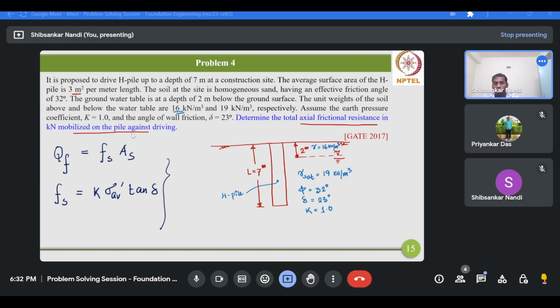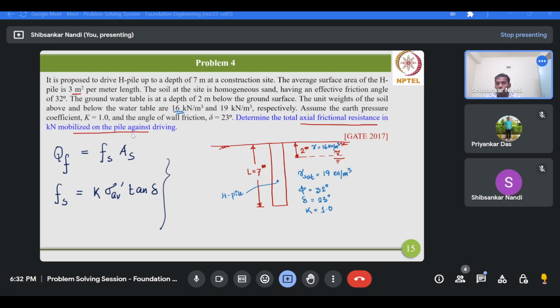Okay. So the only difference between the earlier problem and the present problem is that in the earlier problem, no water table is mentioned, at least within the length of the pile. However, in this problem, we have encountered the groundwater table at a depth of 2 meters from the ground surface.